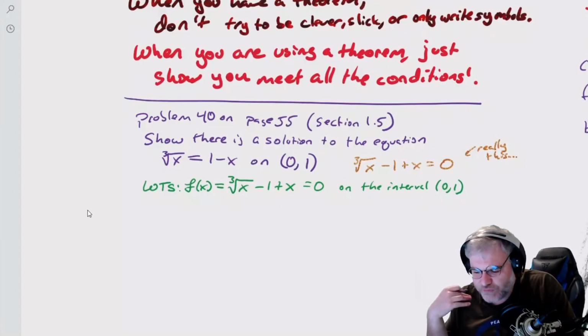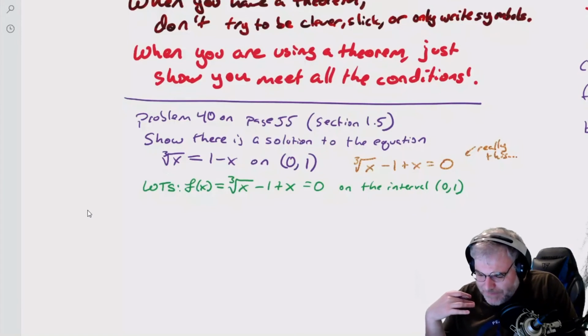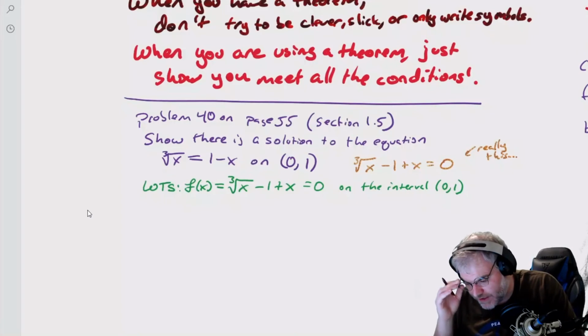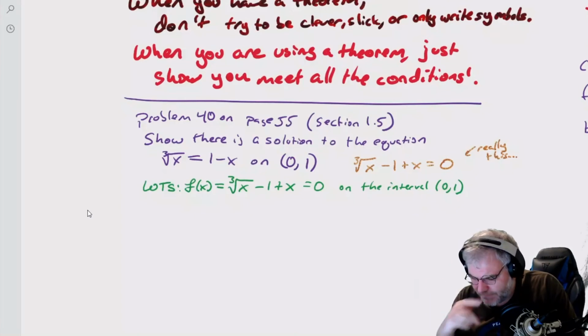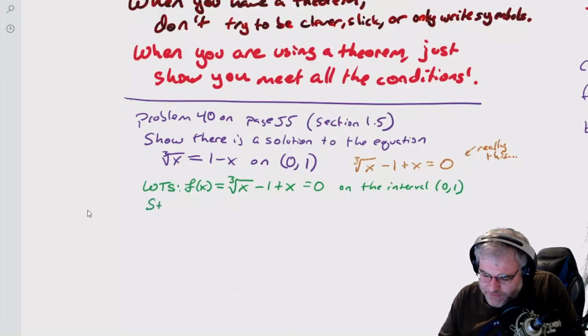And so it says a root to the equation. That's kind of, functions have roots, not equations. It's a solution to the equation. All right. So my strategy is going to be using IVT.